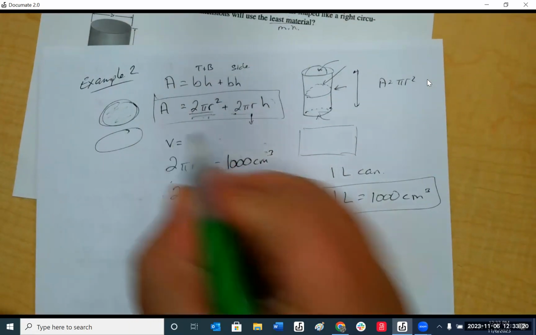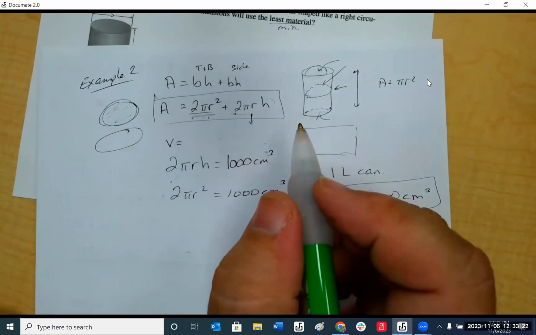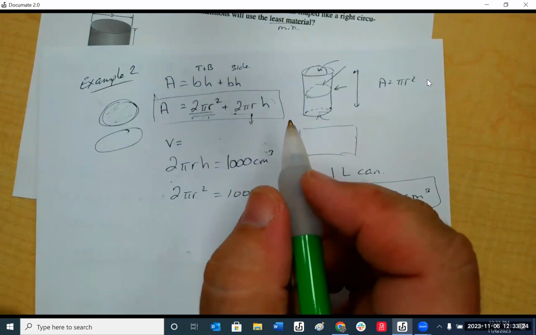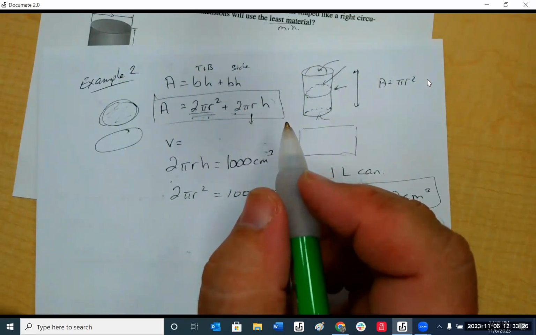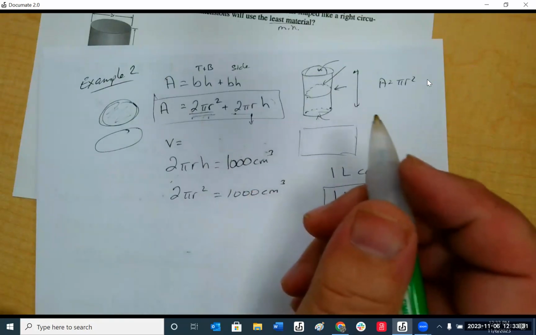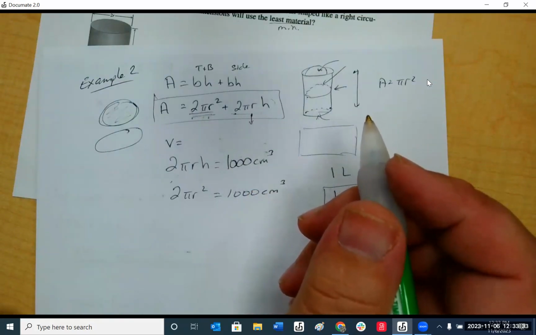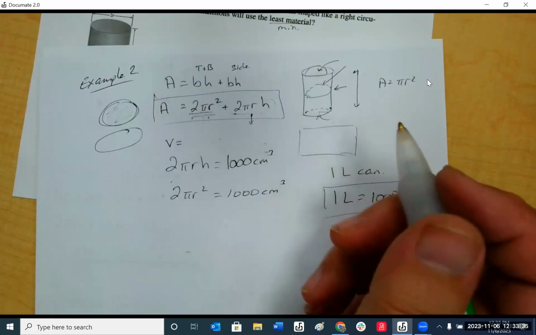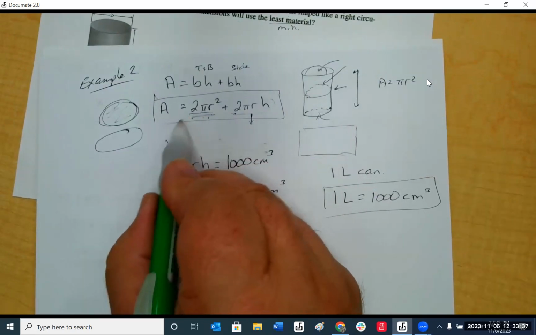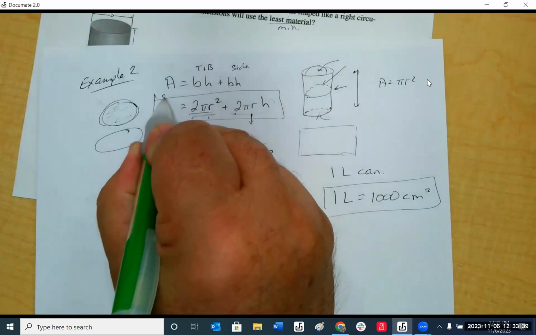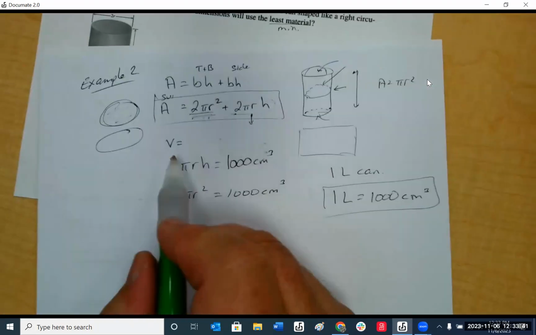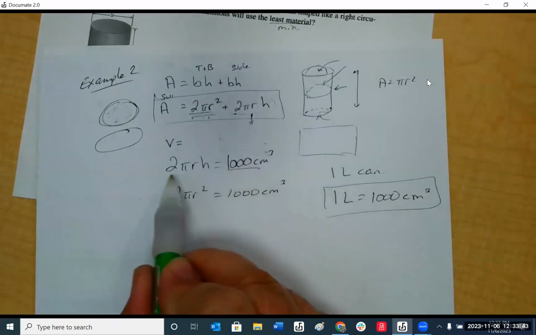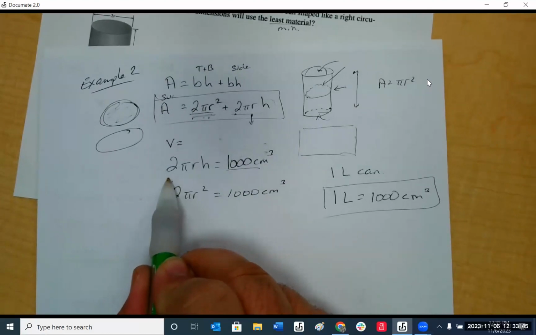What's the volume? Isn't it 2 pi r cubed, or I think volume of a cylinder is pi r squared h. Yeah, because this is the surface area. That's the outside of the can. We need to set this up to the inside of the can.